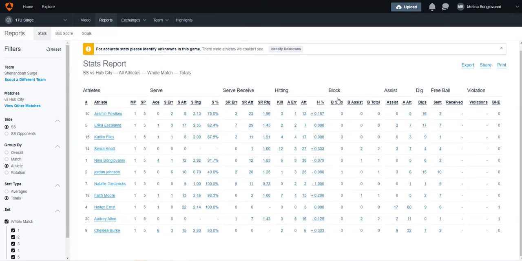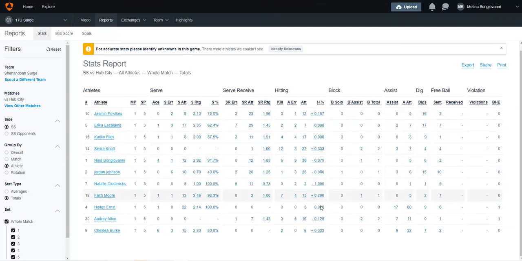The only thing I would point out is if you have a high number of attempts, that doesn't necessarily mean you were always set the most. It means that you had the most attempts. It could have been from an overpass. It could have been that you hit the second ball as opposed to being set the ball. So that's what that means.